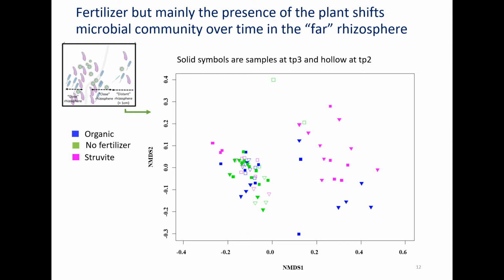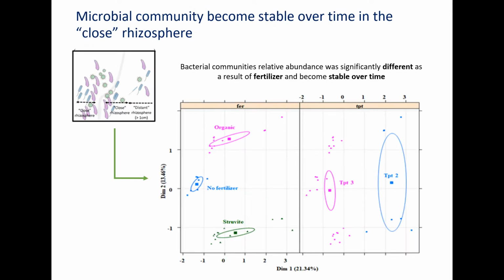But surprisingly, although we would expect the plants to recover much more nitrogen from the organic than from the struvite, the difference in nitrogen recovery was not that big between the two fertilizers. Still, with the organic, around 25% of the nitrogen that we applied was recovered by the plant.